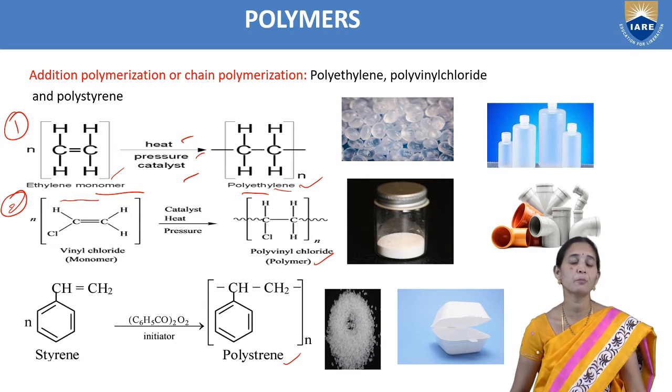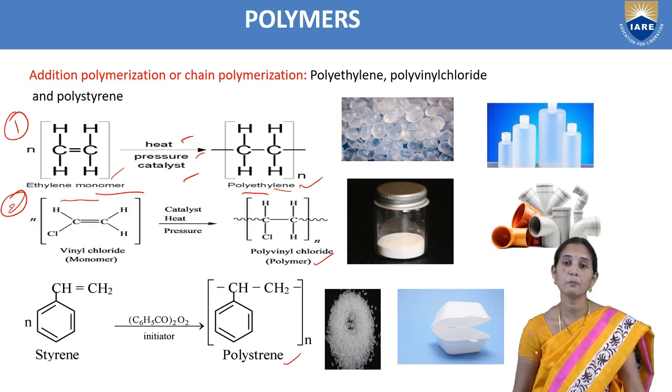For example, we prepare polythene cover, polyethylene, by adding a number of small molecules. Polyvinyl chloride is prepared by adding a number of vinyl chloride molecules. That is addition polymerization, also called chain polymerization. Examples: polyethylene, polyvinyl chloride, polystyrene.